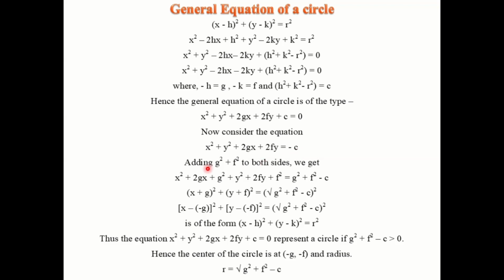I only shifted plus c to the opposite side, so it becomes minus c. Now we are going to add g square plus f square to both sides. Then we get x square plus 2gx plus g square plus y square plus 2fy plus f square is equal to g square plus f square minus c.